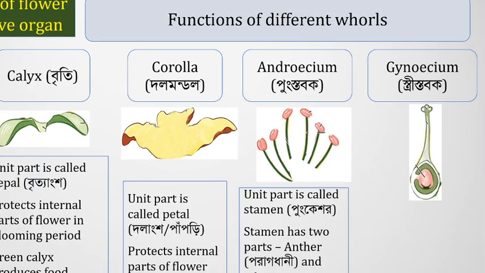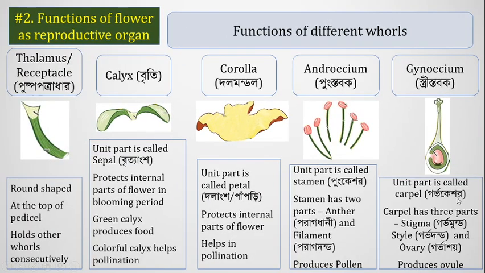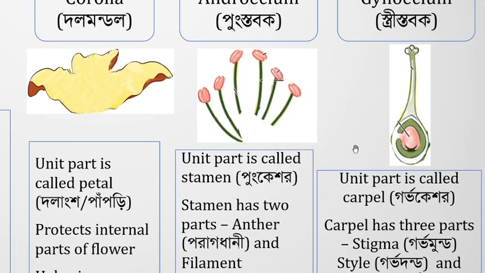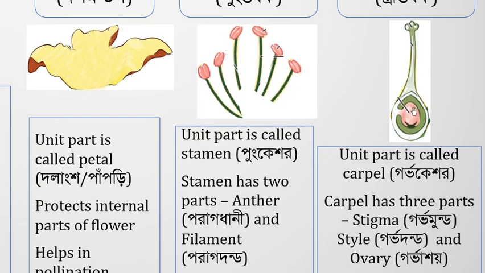In the gynoecium, it may contain multiple unit parts. If it contains multiple unit parts, the unit part is called a carpel, in Bangla গর্ভকেশর. Each carpel has 3 parts: the top one is the stigma, the tube-like part is called the style, and the egg-like, elliptical-shaped part is the ovary. So stigma, style, ovary: it contains 3 parts.